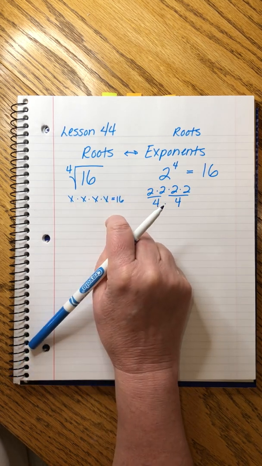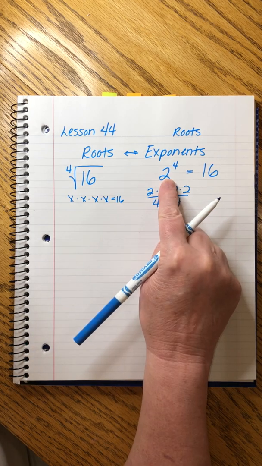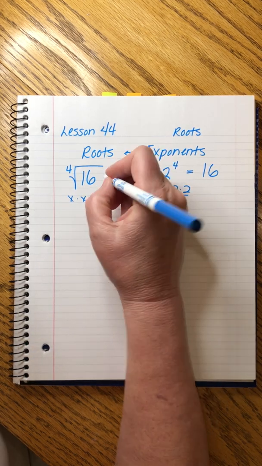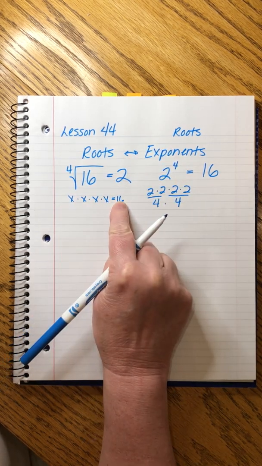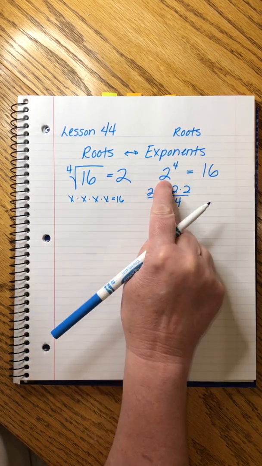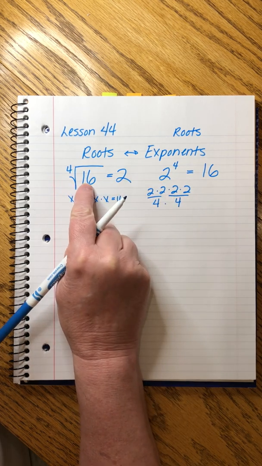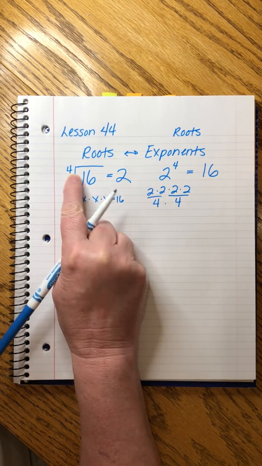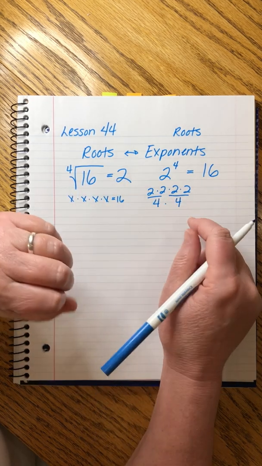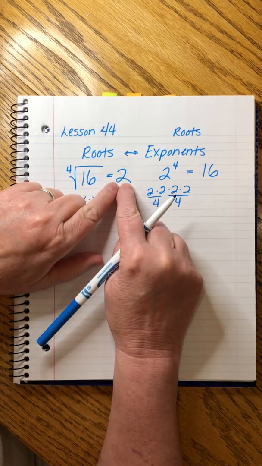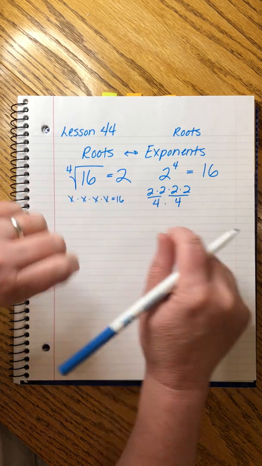Now, you'll memorize these as you go, but right now you just kind of have to guess. And we know it's 2 because we just figured that out. So we would write the answer like this. This is not the answer. The answer is not 2 to the 4th power. This is saying what number times itself 4 times gives us 16? 2. That's the answer. So that's considered the 4th root of 16.